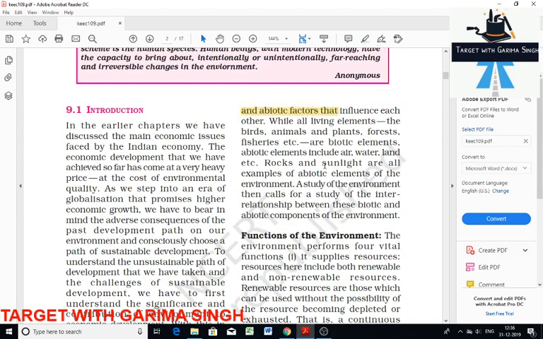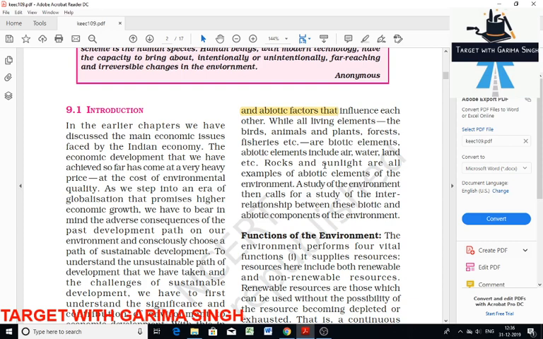So there are two types of resources, renewable and non-renewable. Firstly, renewable resources. These are those which can be used without the possibility of the resource becoming depleted or exhausted. That is, a continuous supply of resources remains available. For example, trees in the forest and fish in the ocean, that is renewable.